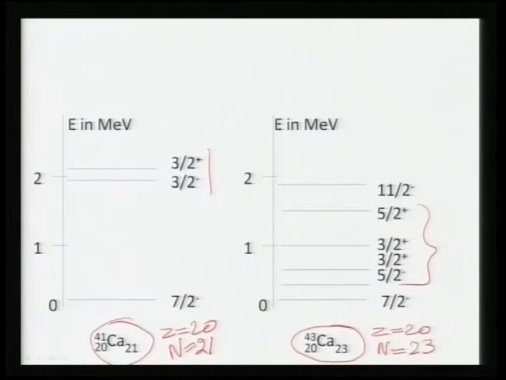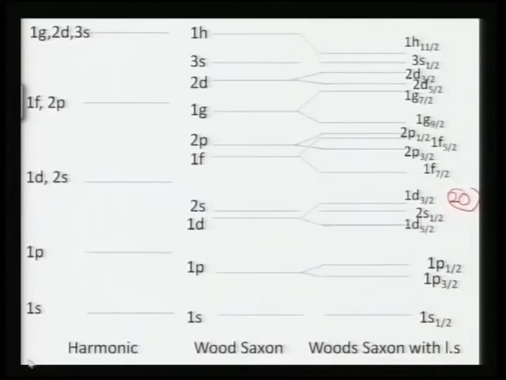So, remember here 3/2 minus and 3/2 plus. Here is that last nucleon in case of calcium 41 and 3 in case of calcium 43. So, 3/2 minus is very clear, this goes here and it makes it 3/2 minus, right. What was next? That was 3/2 plus. Can you guess how you can get 3/2 plus?